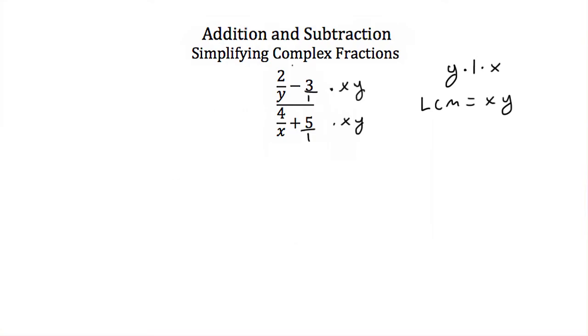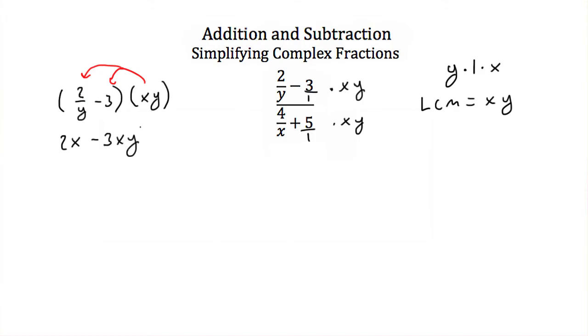If I do this in my numerator, I'll have 2 over y minus 3 times xy. Now I have to distribute this xy inside the parentheses. If I do that, x times y times 2 over y will just be 2x. And then negative 3 times xy would be a minus 3xy.